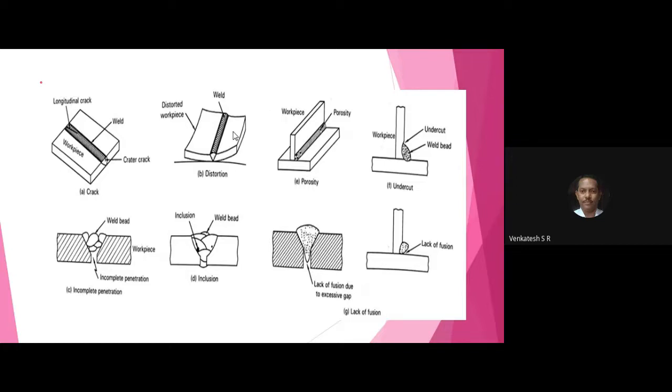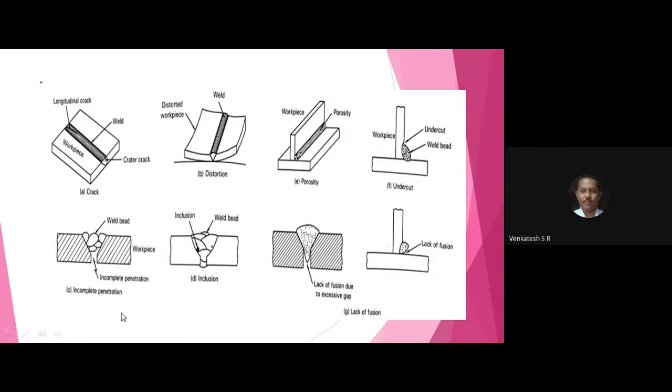Next, porosity. See, the porosity is a hole or cavity formed in the joint. All of you observe here, this is the T joint and this is the joint. You can observe the hole in the joint, that's called porosity. Next, undercut due to the melting of the metal. It is not filled with the filler metal, which cuts the base metal or the workpiece metal, that is called undercut.